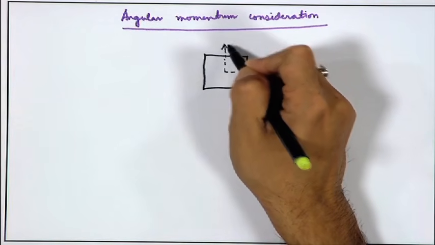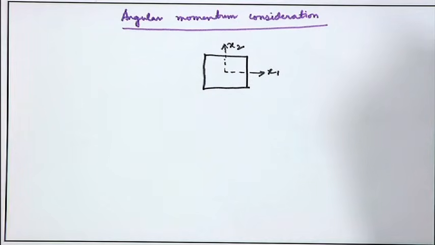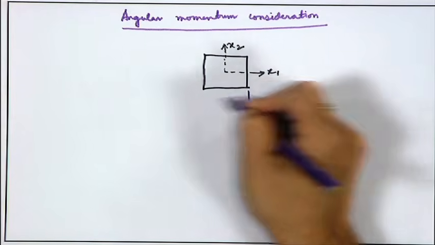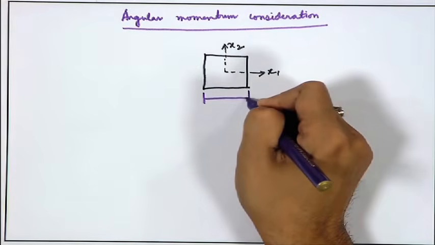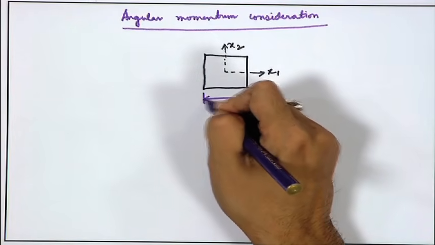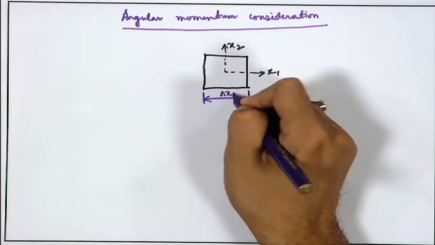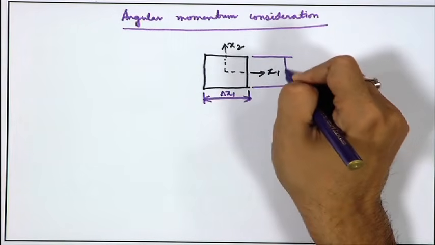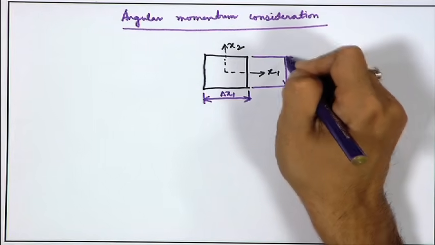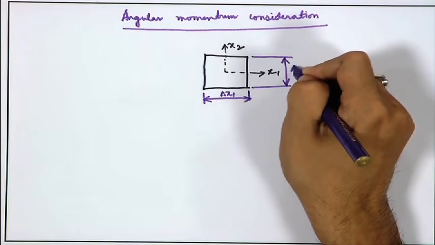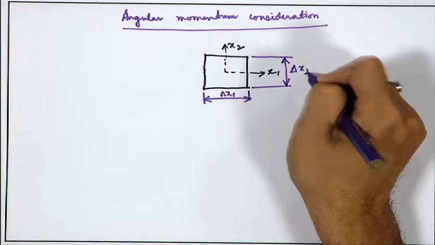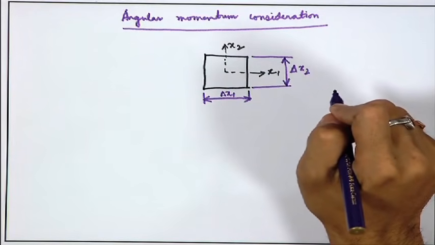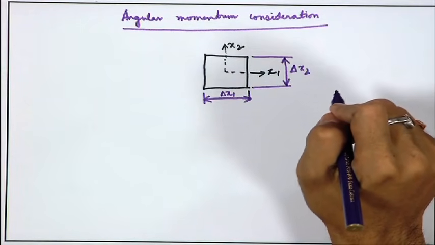and this is the x2 axis, and let us say that we give dimensions to this such that this is delta x1 and delta x2.